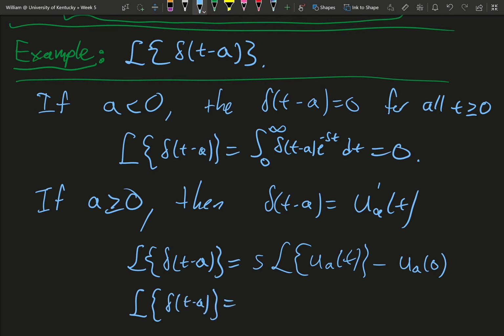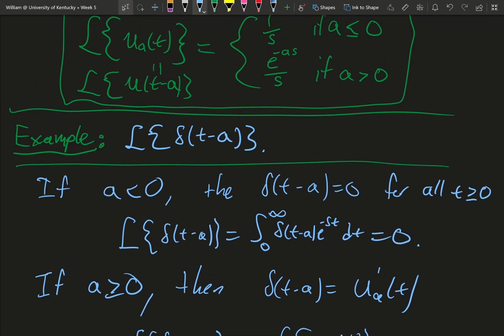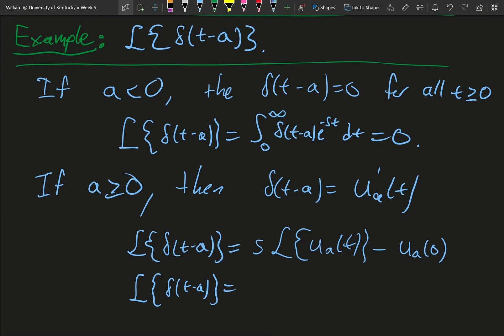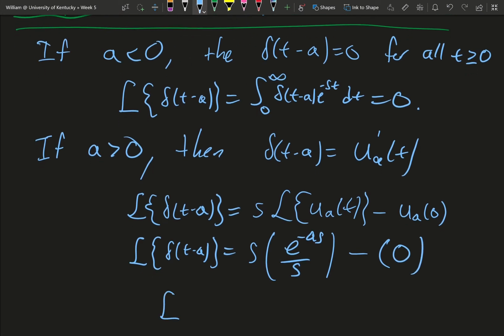We're greater than 0 there, so we know that we follow the above rule, e to the negative as over s. And if a is greater than 0, then this is 0. And so we just get that our answer equals e to the negative as.